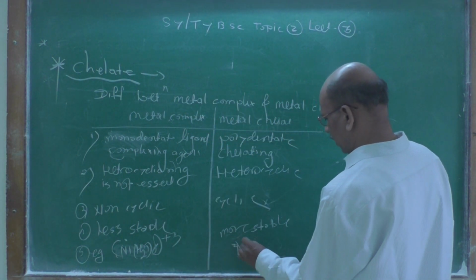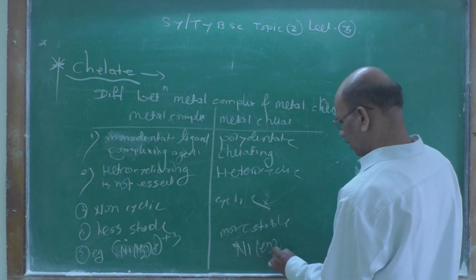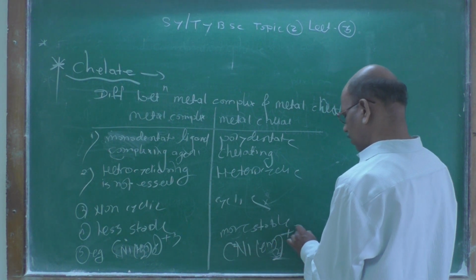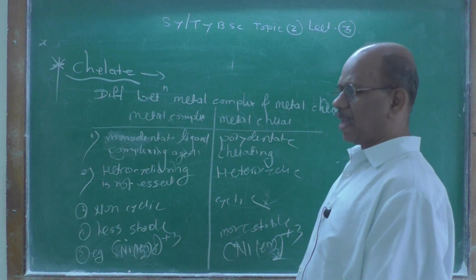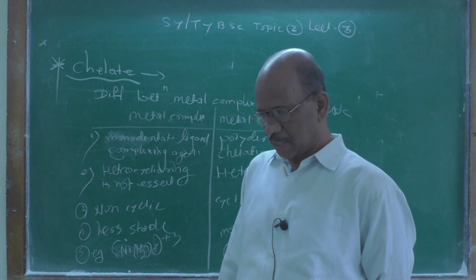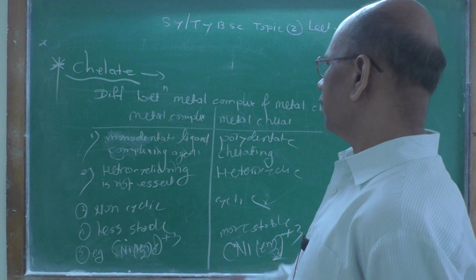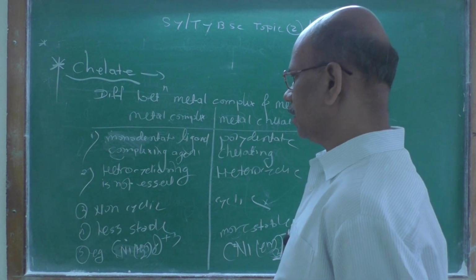Here I can write Ni(en)3 3+, where en means ethylene diamine.